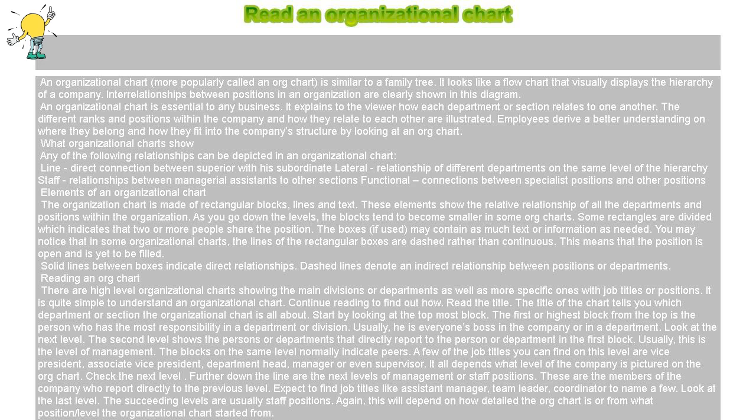Look at the last level. The succeeding levels are usually staff positions. Again, this will depend on how detailed the org chart is or from what position or level the organizational chart started.